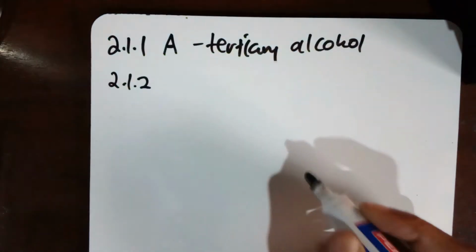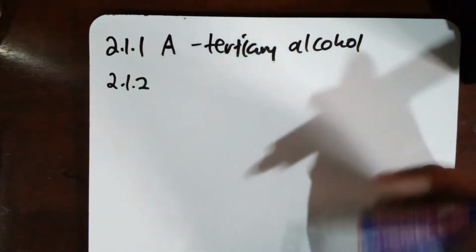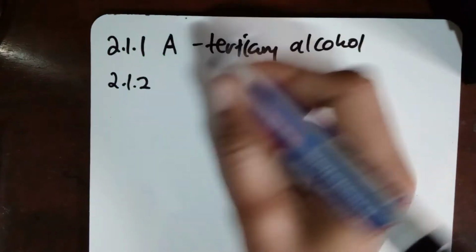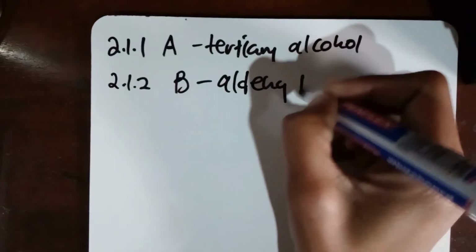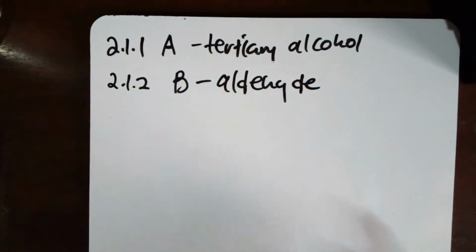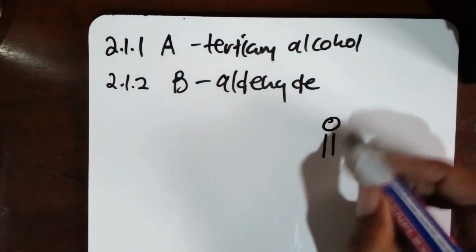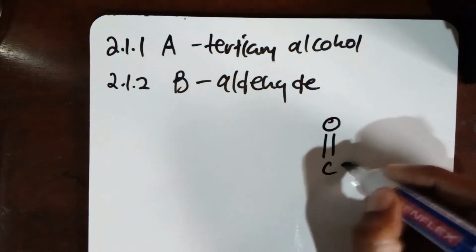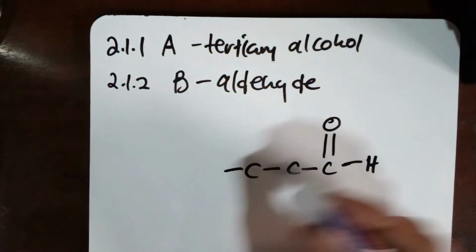For 2.1.2, we have to write down the letter that represents an aldehyde, and we already mentioned that compound B is an aldehyde, and we said how you identify it is by that carbonyl group. So this carbon to oxygen double bond, and this is the structure that they gave us.